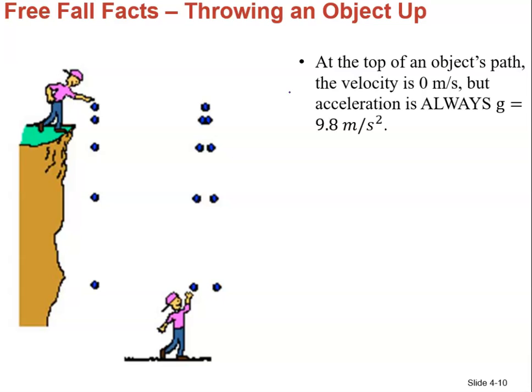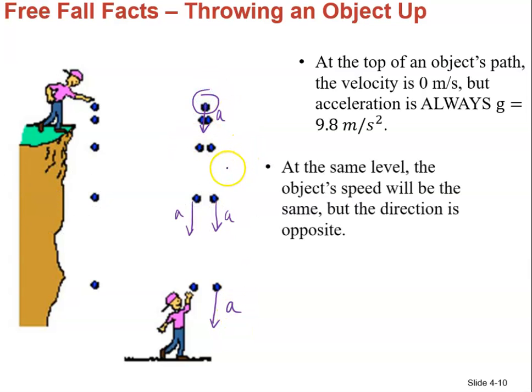But the acceleration is always 9.8 meters per second squared. It doesn't matter where the object is. Here, acceleration 9.8. Here, acceleration 9.8. Here, the acceleration is 9.8. Here, the acceleration is 9.8. At every location, the acceleration will be 9.8, even when the object is at rest.